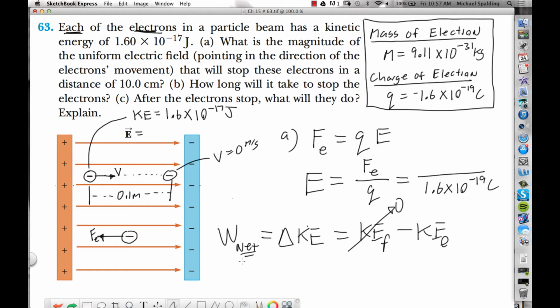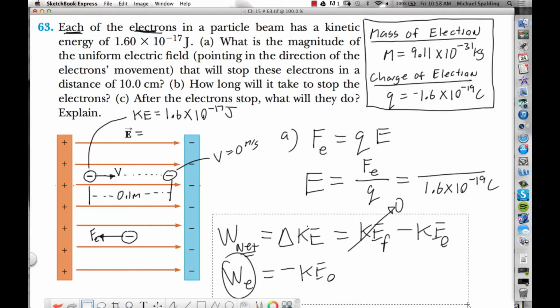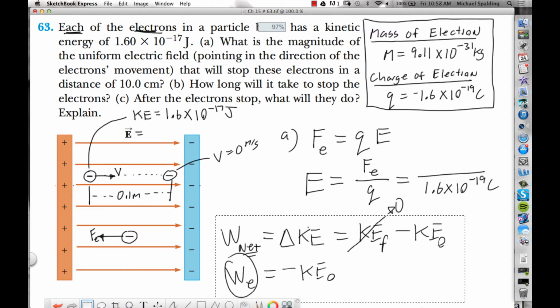Okay, so what is work net? Work net is going to be the work of the electric field, so that's going to be equal to negative kinetic initial. Okay, what is the work equation? What's the work equation? Force times displacement.